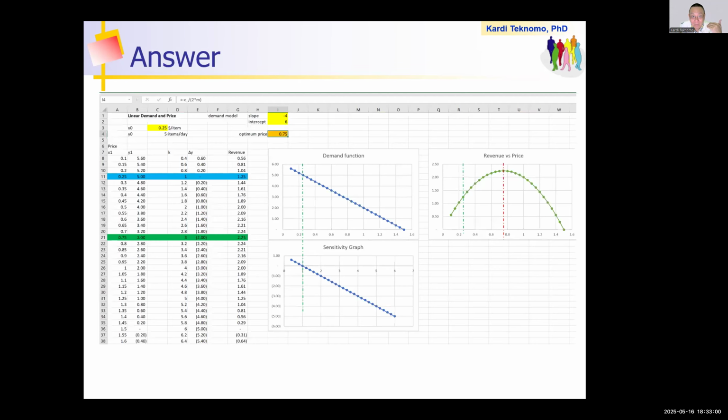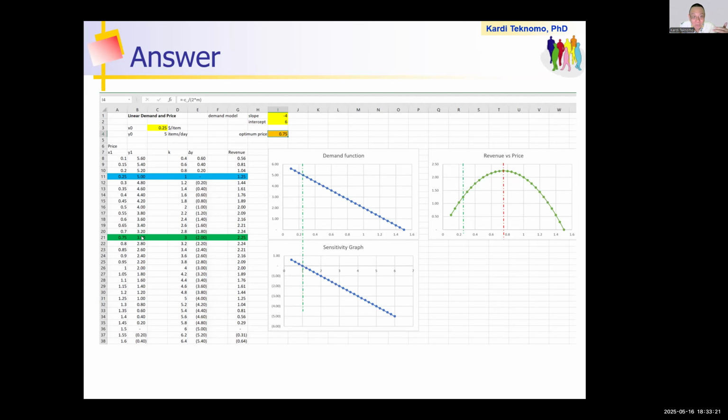One way, and this is your demand function, you calculate the sensitivity analysis graph with this straight line. And then you calculate the revenue, of course. Revenue is just the price multiplied by the demand.